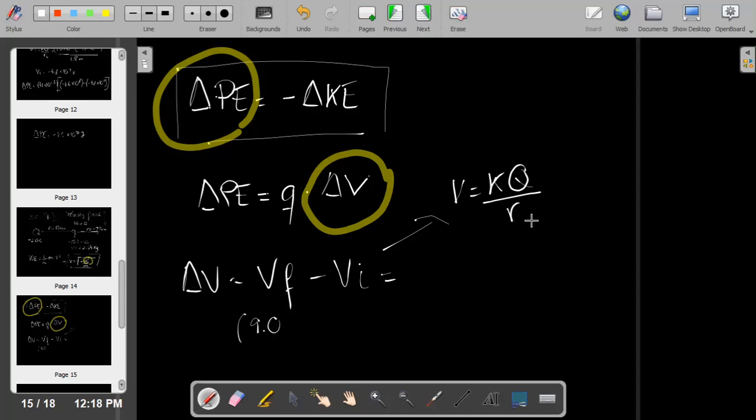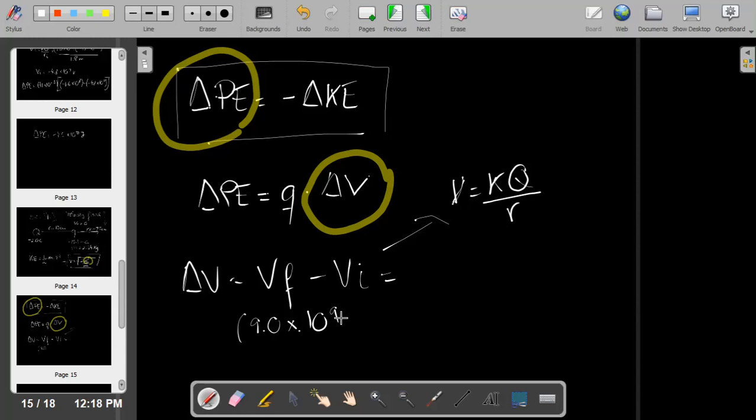Initial for the initial and final for the final. So this is what you're trying to do for each one of them. So I'm doing first the final. That means I'm going to need to use a final distance. But K is the same for everybody: 9.0 times 10 to the 9.